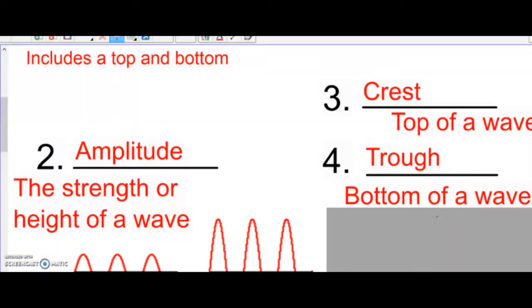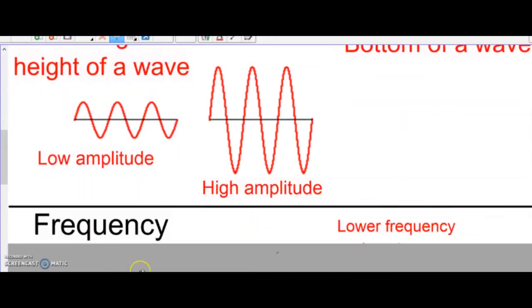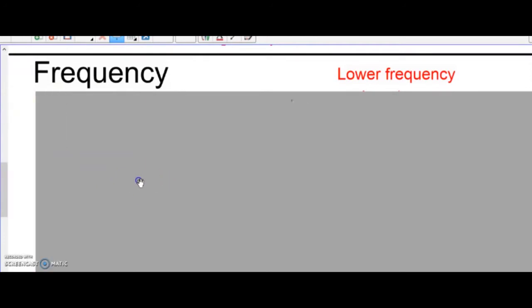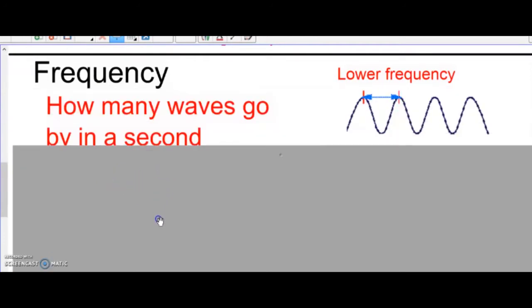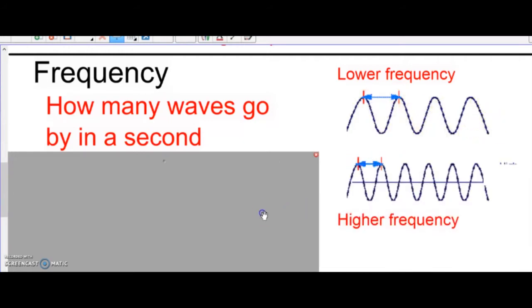There's one more thing you should know. It's about frequency. How many waves go by in a second? If this is a low frequency wave, a high frequency wave is going to look like this, where there are many more waves.